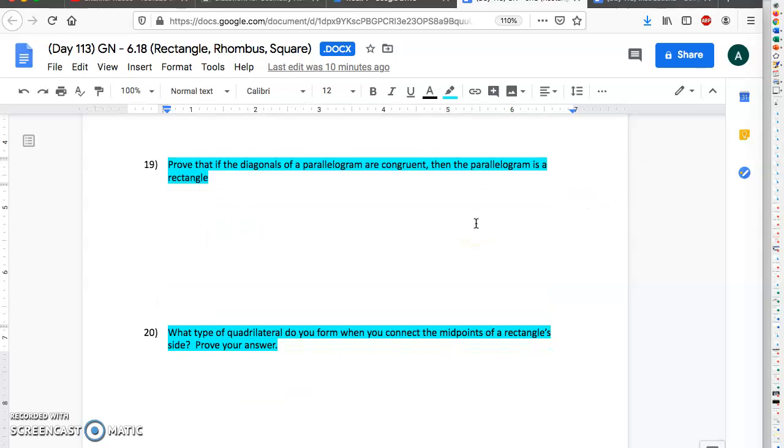Number 19, here we're talking about a parallelogram. And it says, if the diagonals are congruent, then show that the parallelogram is a rectangle.